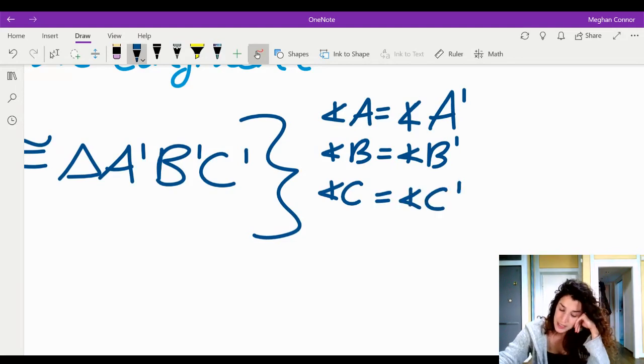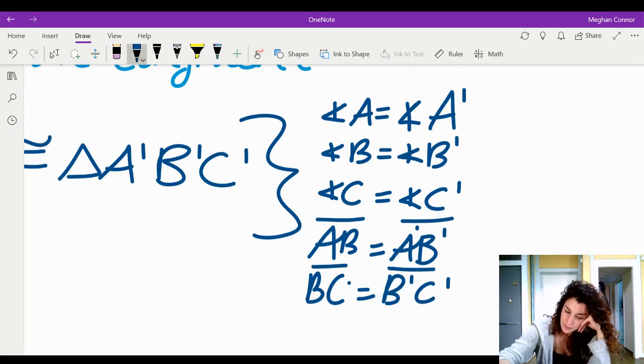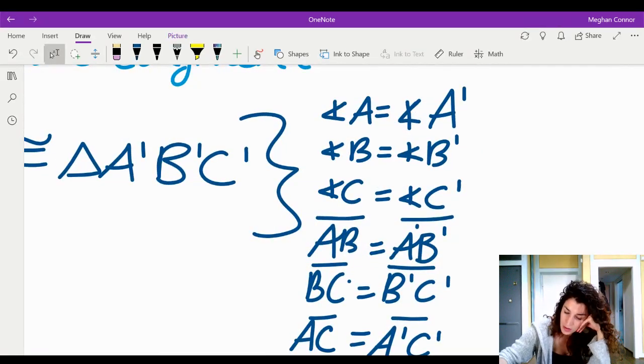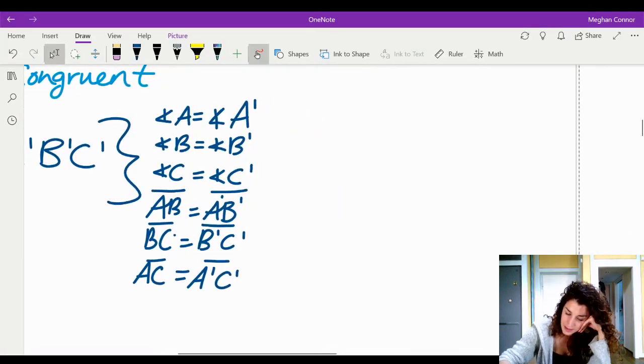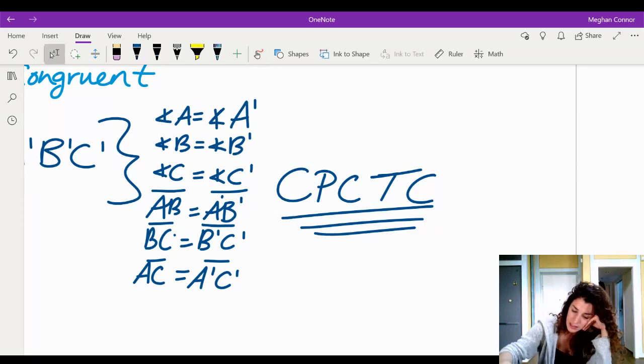You can also say that AB is equal to A prime B prime, BC is equal to B prime C prime, and AC is equal to A prime C prime. And that is all because of CPCTC. This is a great, great reason.